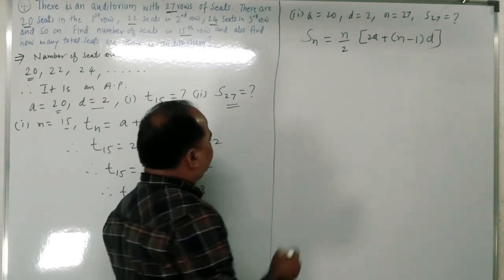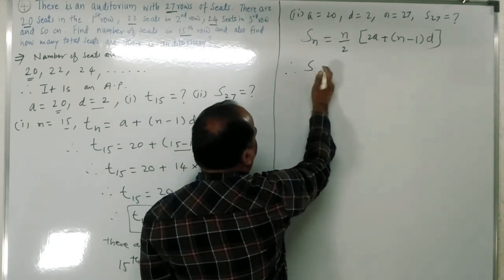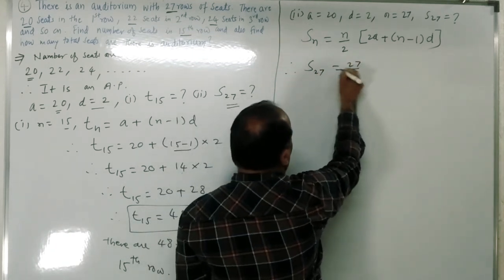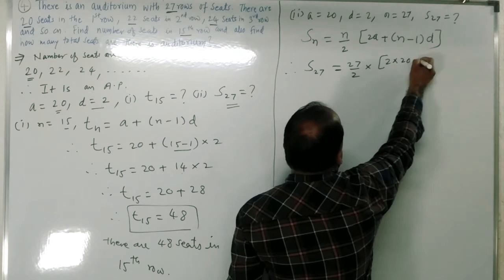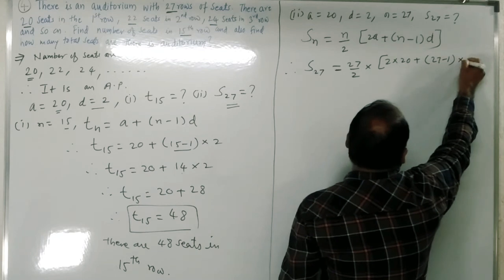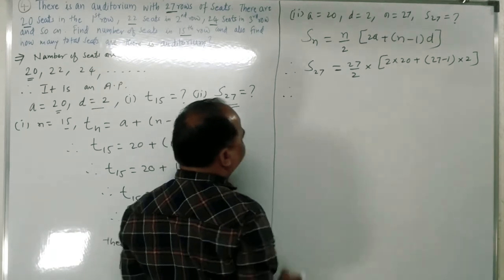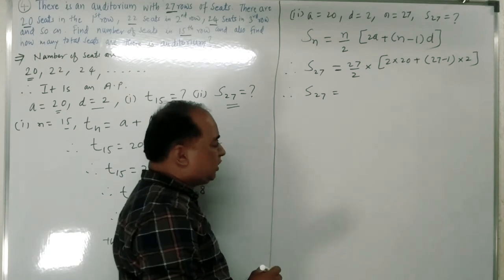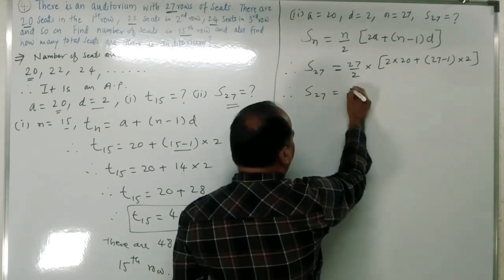Now put the values. S27 is equal to 27 upon 2 into 2 into 20 plus 27 minus 1 into d, which is 2. Now here this 27 is an odd number, so don't divide the odd number by 2. 27 is not divisible, so keep it as it is.